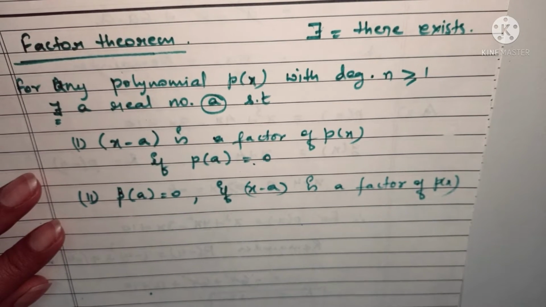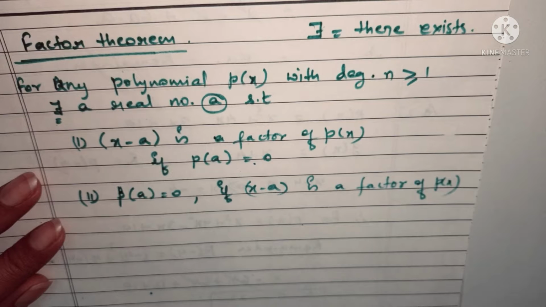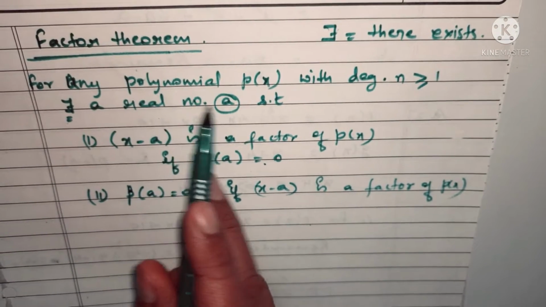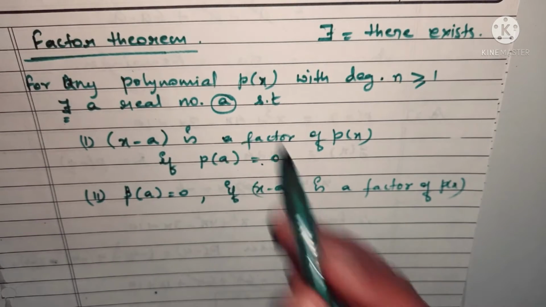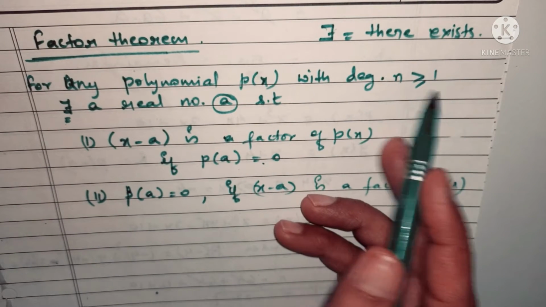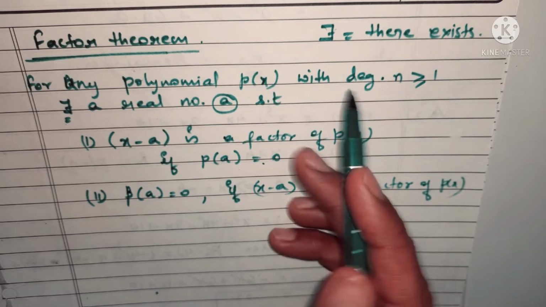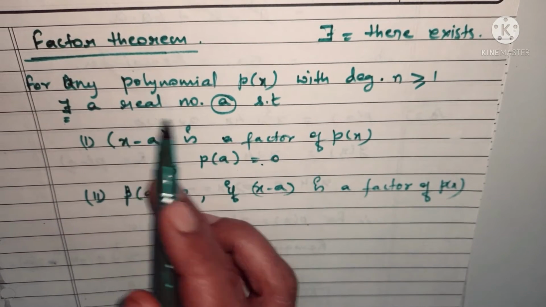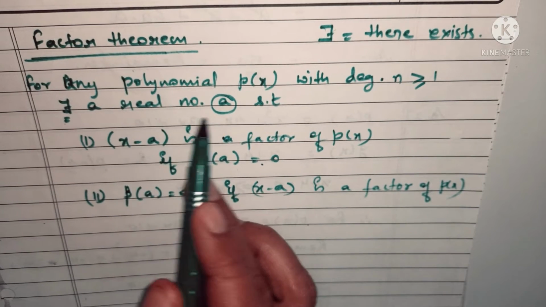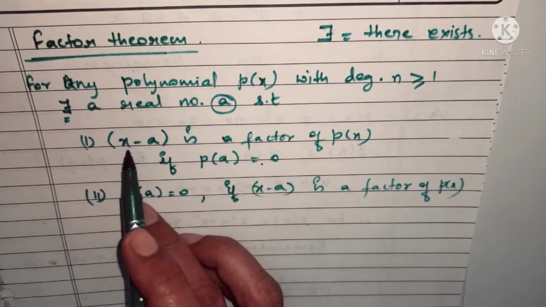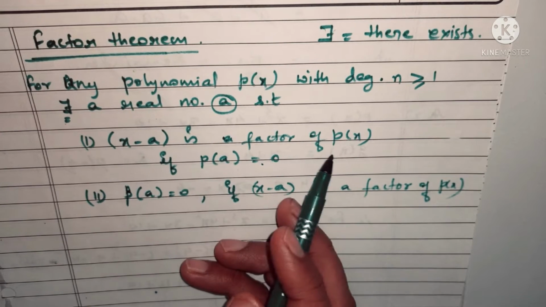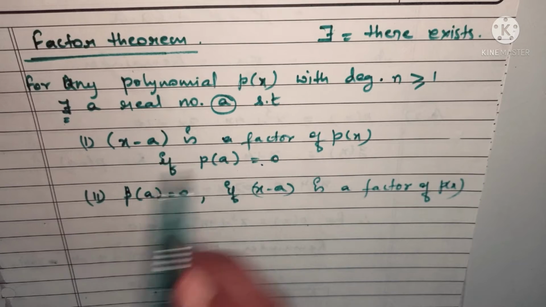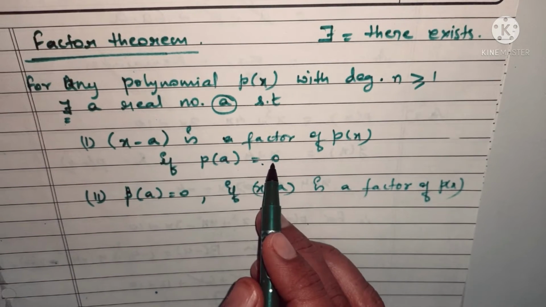Understood what it is saying? That if any polynomial p(x) is there with you, and if the polynomial has degree n greater than or equal to 1, there must be a real number a such that x minus a will be a factor of p(x) if p(a) becomes equal to 0.